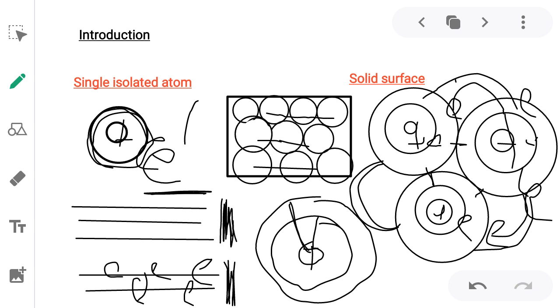As the distance increases, this electron and nucleus are not strongly bonded to one another. They are weakly bound, meaning this electron easily comes out from this orbit. So outermost orbital electrons are known as valence electrons.